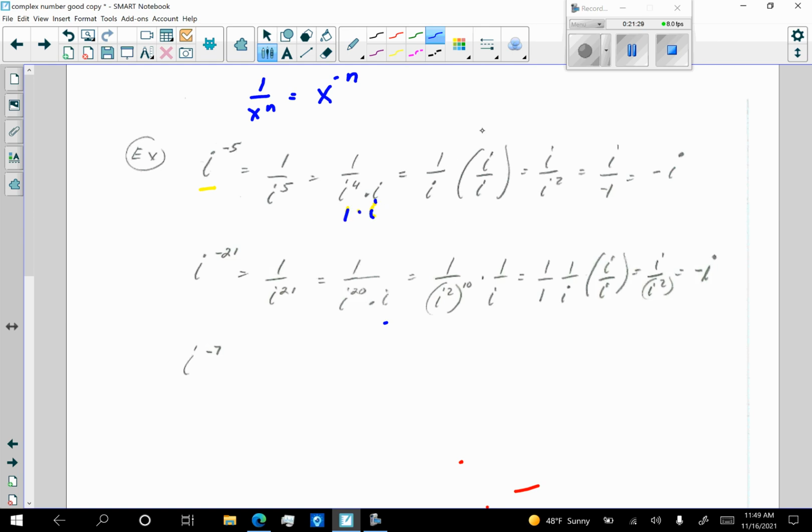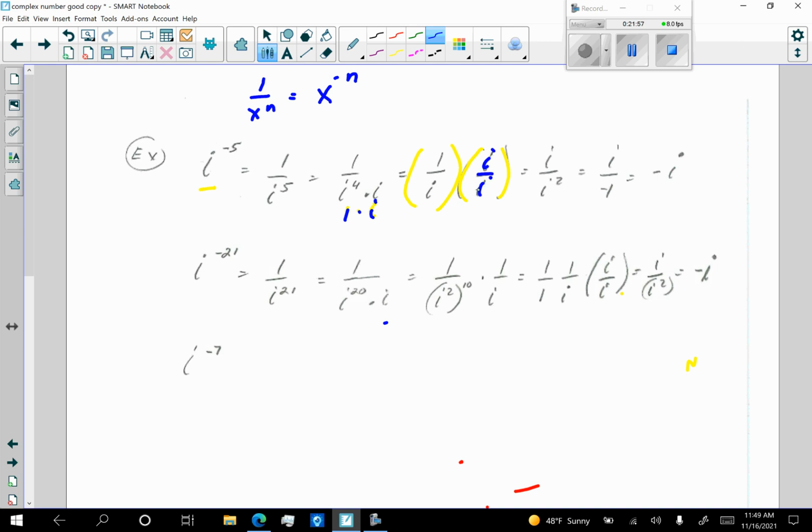And so if I have 1 times I, I'm not allowed to leave I in the denominator. So this expression is not valid because I don't want I in the denominator. And how do I get I out of the denominator? I'm going to multiply the top and bottom by I. I'm going to multiply this 1 over I by I over I, which is 1.